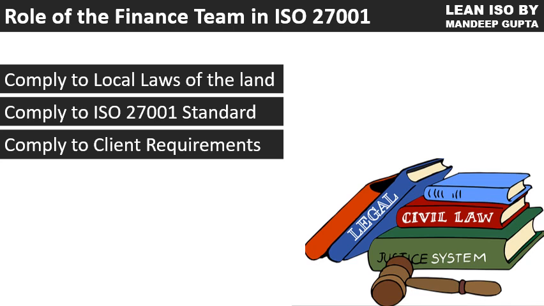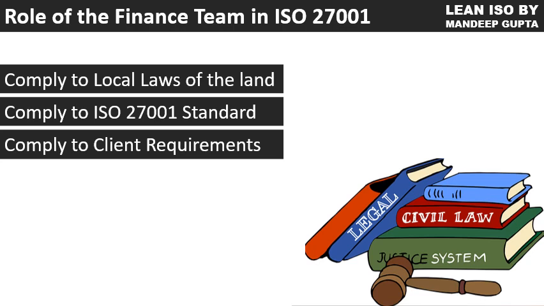Then there are some standard requirements, ISO 27001 requirements, policies, procedures, how to fulfill all those things. They need to prepare some documentation and they have to follow those things as well. They have to make sure those things are updated periodically. There are some standard documents which the finance team has to create.